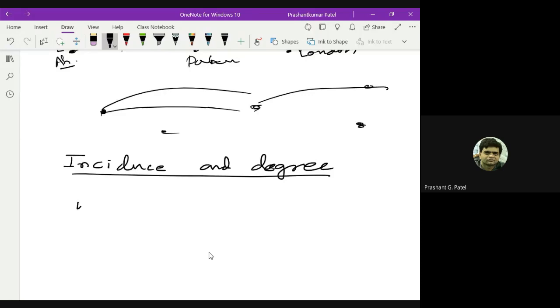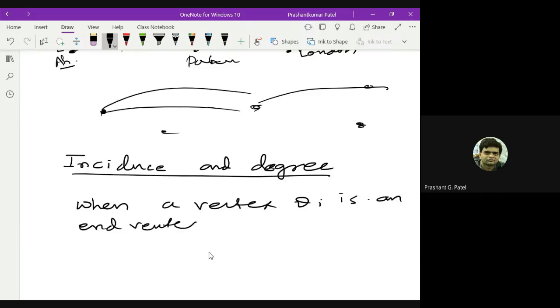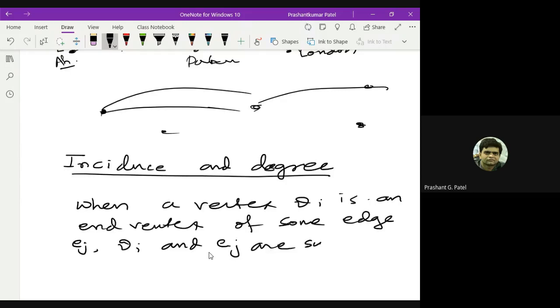When the vertex Vi is an end vertex of some edge Ej, Vi and Ej are said to be incident with each other.